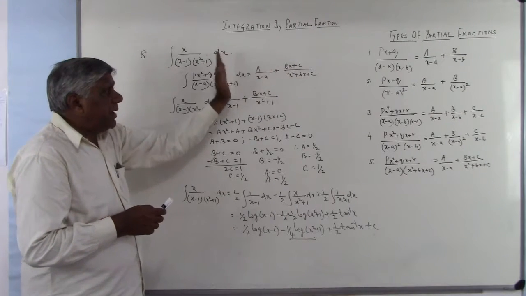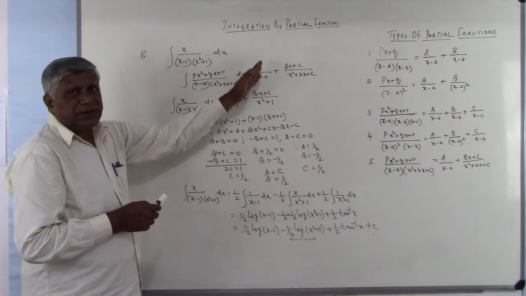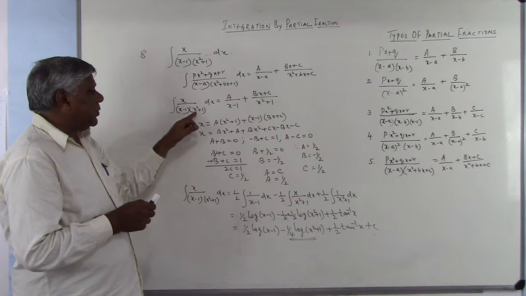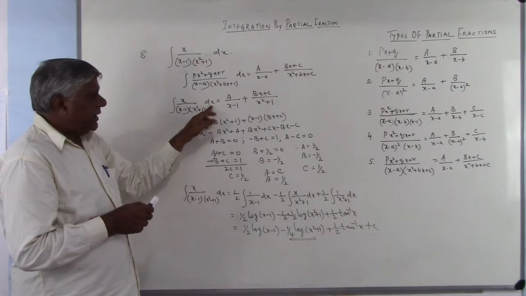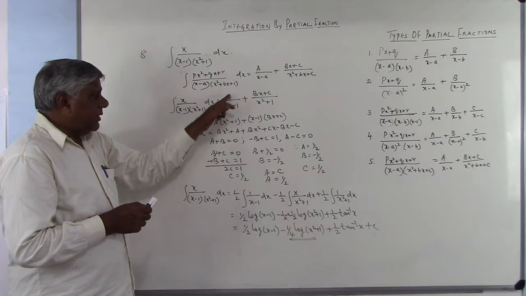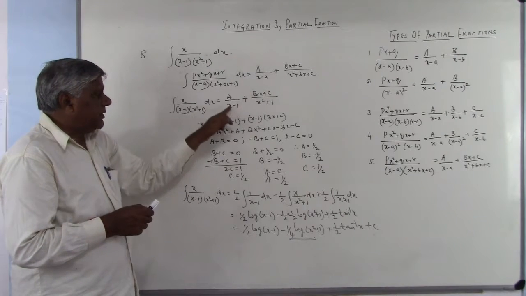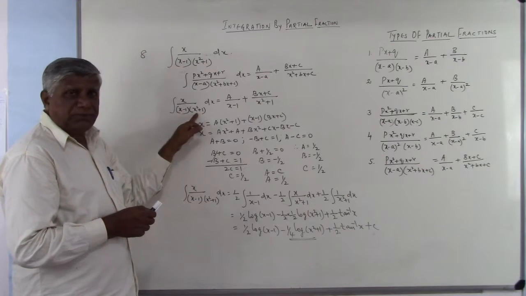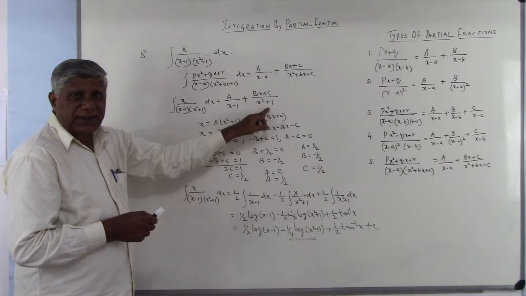This is how we make partial fractions here. So therefore, integral x over x minus 1 into x square plus 1 into dx can be split like this: A over x minus 1, similar to this, plus Bx plus C over, what is left over here, x square plus 1 we have written here.